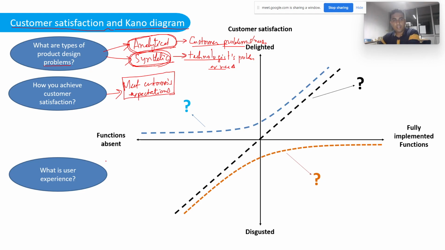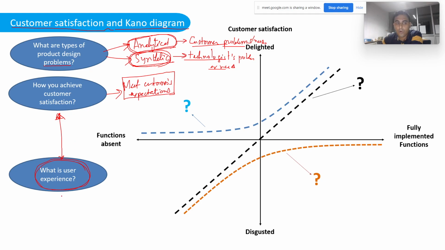Now you need to understand one thing: it is the user experience you try to provide through your product design that determines how much the customer gets satisfied. So there's a relationship between the experience you provide through your product and the customer satisfaction that you may create or realize.